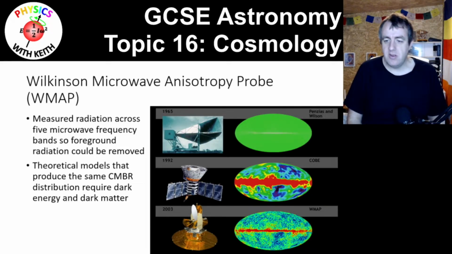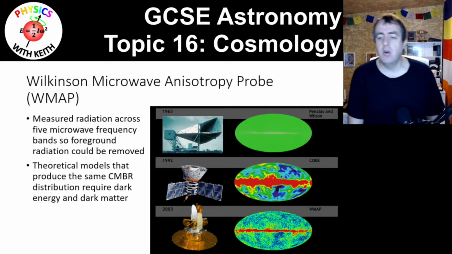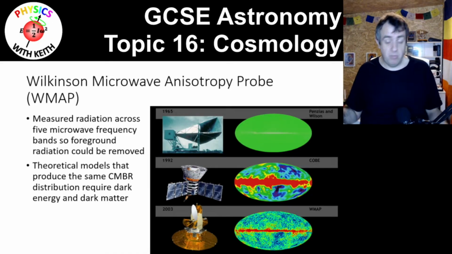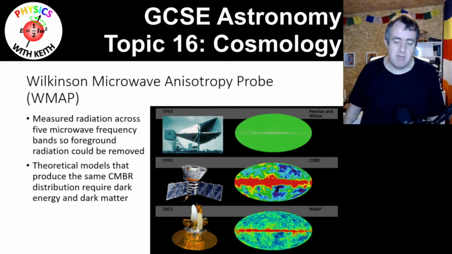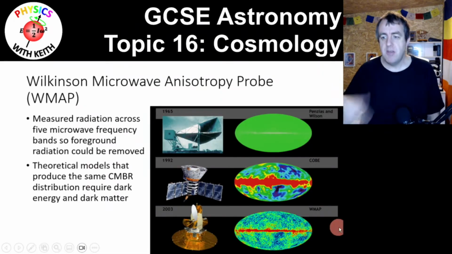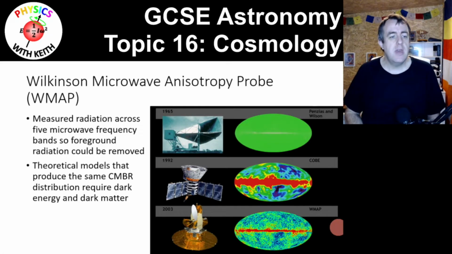But it was a bit of a nuisance, and as we sent more and more sophisticated probes, microwave telescopes really, up into space to get better and better images, what have we found? Well, we can see a dark patch here, a bright patch there, and then you go down here, dark patch, bright patch. The better our probes, the higher the resolution of the image we have got.